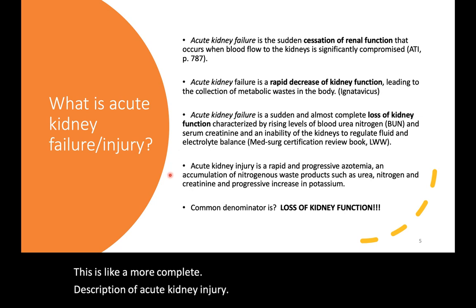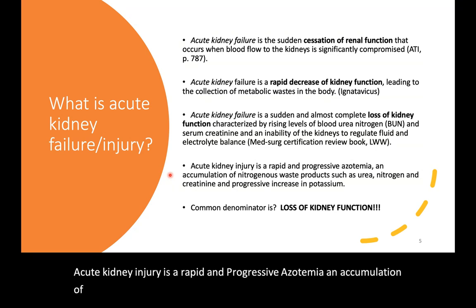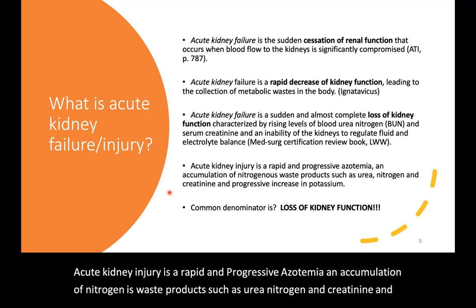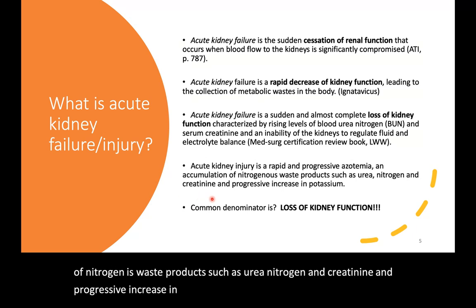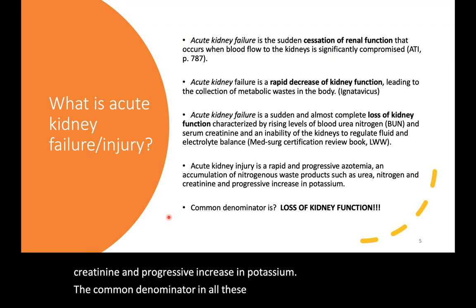Acute kidney injury is a rapid and progressive azotemia, an accumulation of nitrogenous waste products such as urea, nitrogen, and creatinine, and progressive increase in potassium. The common denominator in all these 4 definitions or descriptions is the loss of kidney function.